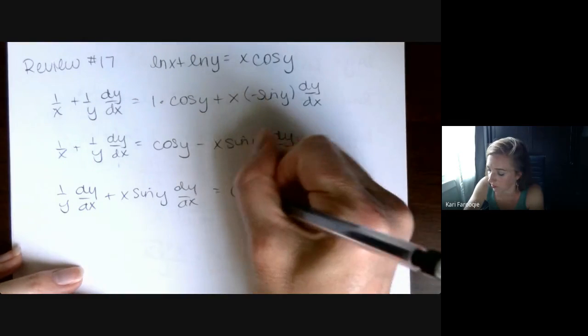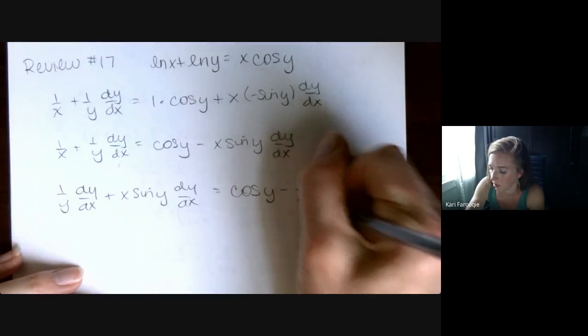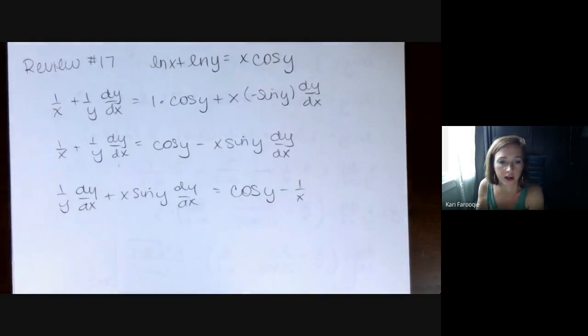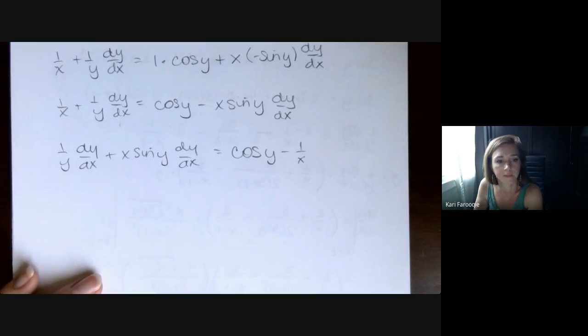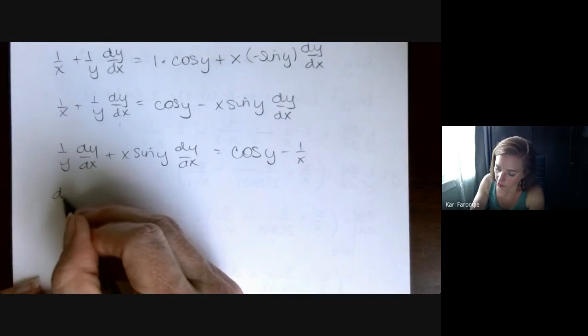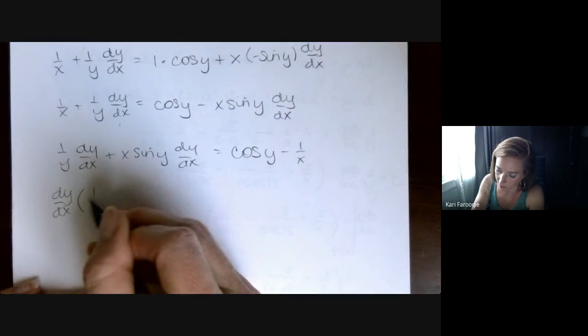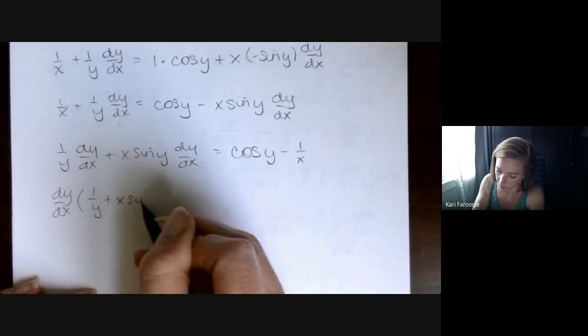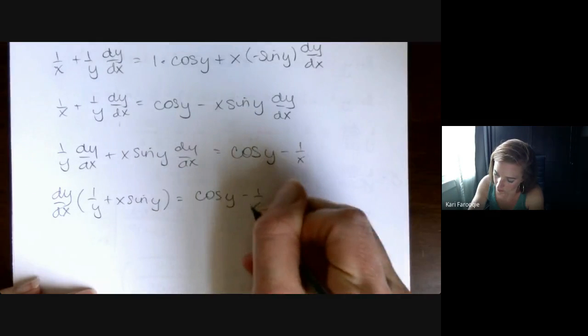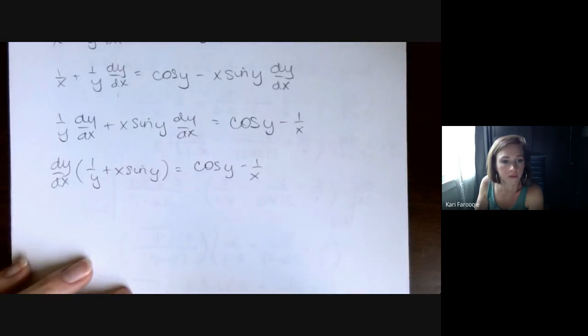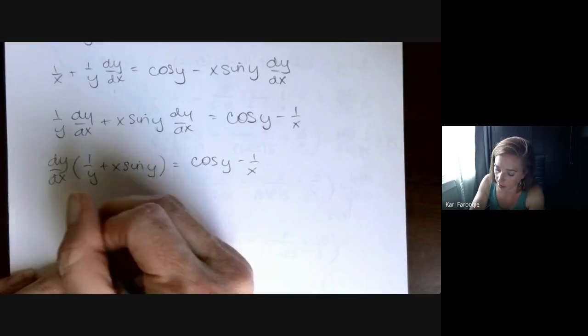And then on the right-hand side, we'll have cos y minus, and then we'll take off that 1/x term on both sides. We'll factor out the dy dx. And then we will divide.